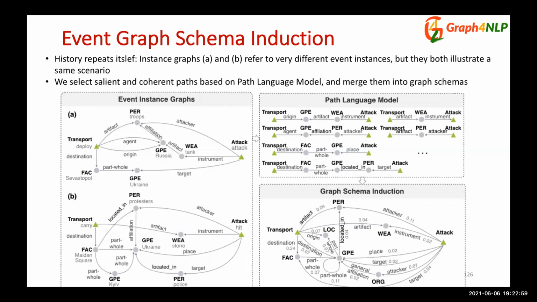And that also means it should be coherent with other paths that appear in the same graph. So we use two criteria. The first one is simply to count the frequency of this path. And then the second one is look at every pair of paths to see how many documents they co-occur together.